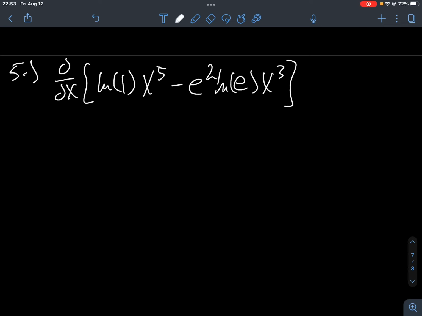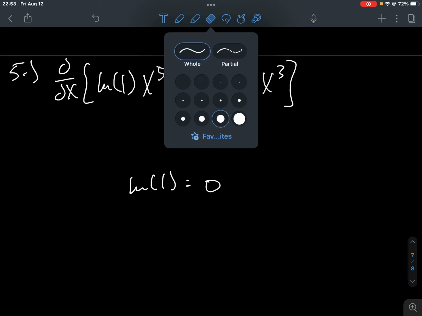Now this seems a little complicated because we've seen natural logs, but let me remind you that that's not ln of x, that is ln of 1. ln of 1 is a number, that number is 0. This is something else, the derivative, that is. So ln of 1 is 0.